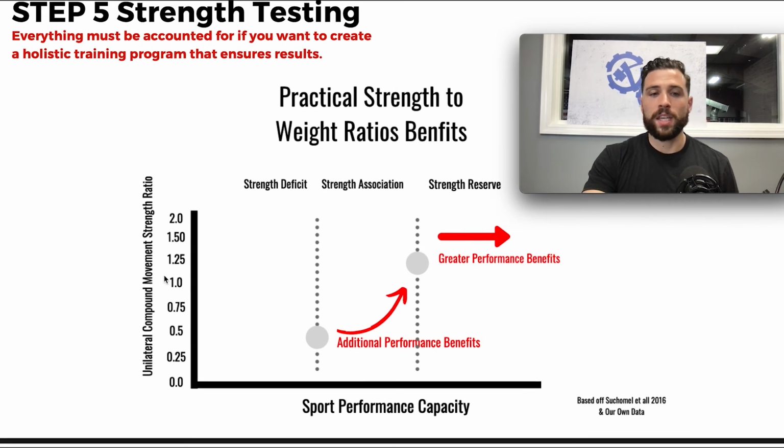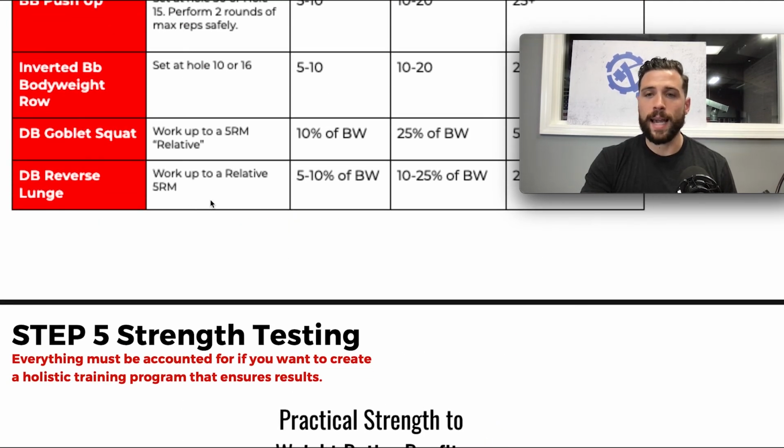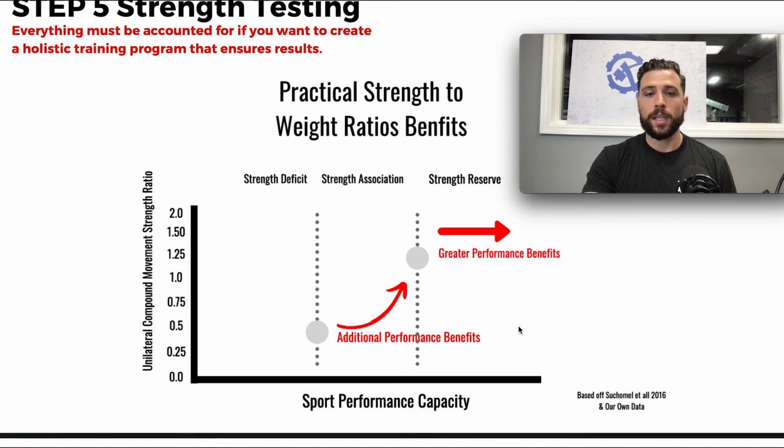So if you look at the left-hand side, you have unilateral compound movements. This is in relation to your body weight. So 0.25 of your body weight, 0.5, 0.75, 1, 1.25, 1.50, and 2.0. So looking up here, right off the bat, I can kind of categorize you when I look down here in terms of what your capacity is. So now we have 3 columns, right?